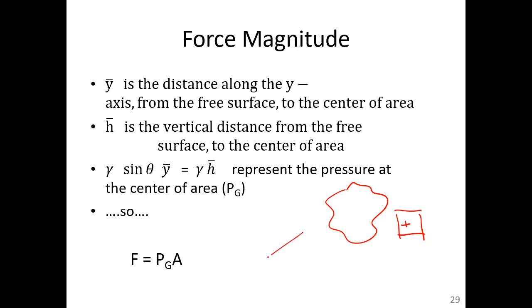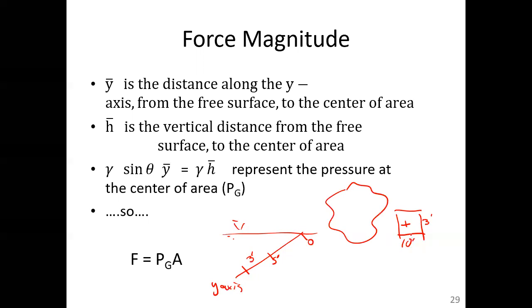So for example, if I had an axis, here's the free surface. Here's my y-axis. And I'm not going to say what the angle is, but let's say at 5 feet, I'm going to have a gate that is 3 feet long by 10 feet into the board. So it's 3 feet along the y-axis and 10 feet into and out of the board.